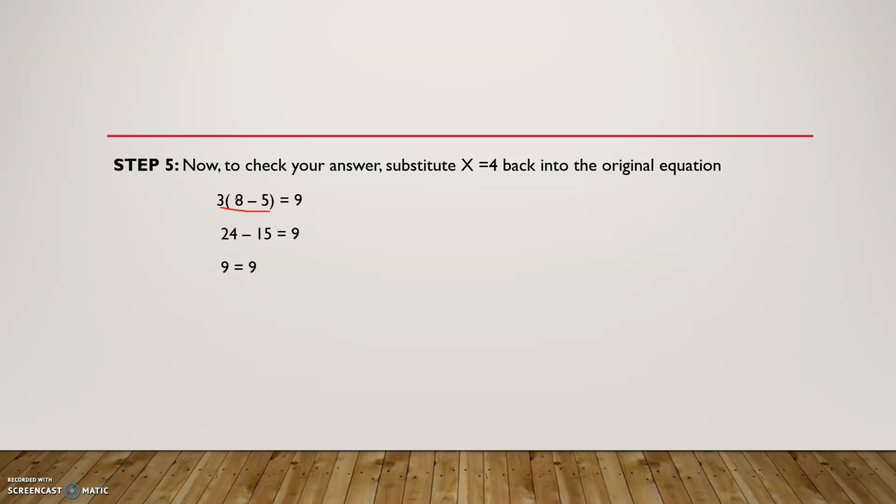So 3 times 8 is 24, 3 times 5 is 15, equals 9. So 24 minus 15 is 9, equals 9, which means our value for x is correct.